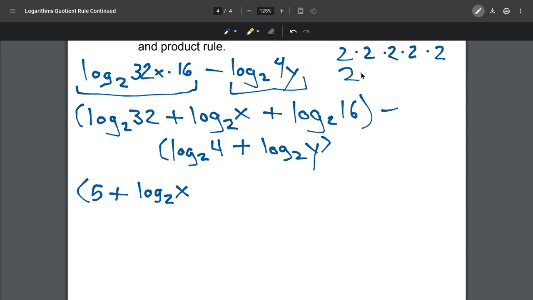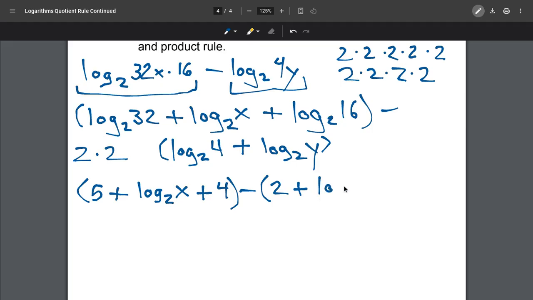So if I do 2 times 2 times 2 times 2, that's 4 2's. So plus 4. Okay, then we're going to subtract log base 2 of 4. That's just 2 times 2, so 2 2's. So 2 plus log base 2 of y.